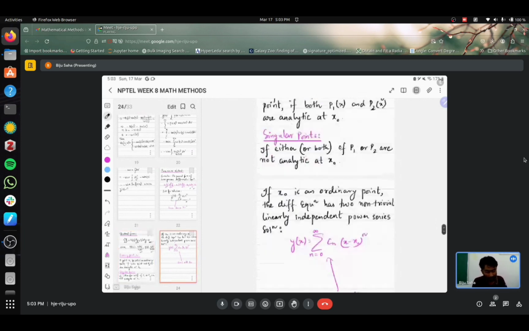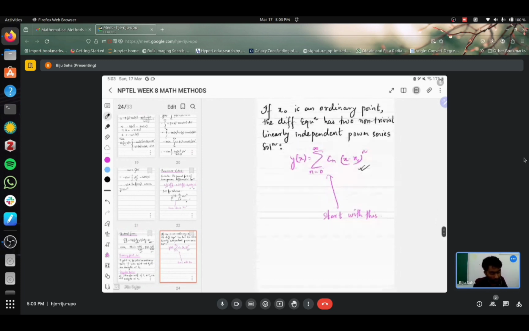Then if x0 is an ordinary point, the solution of the differential equation can be written in power series form, which is of this form. So the way to start solving this particular differential equation through the power series method is to start with this form of yx, then get the forms of y prime x and y double prime x by differentiating once and twice respectively.